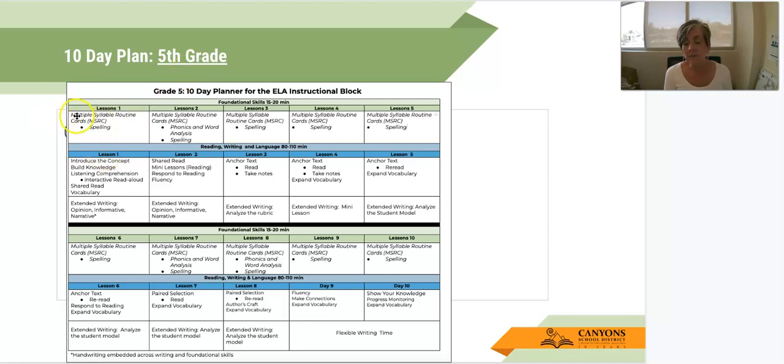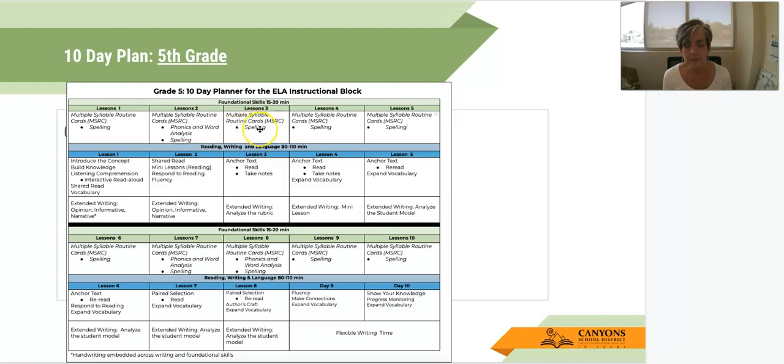So we would have the multi-syllable routine cards where we're teaching spelling on the first day. Then on lesson 2, we are teaching the MSRC, which is the multi-syllable routine cards. And then we're having the phonics and word analysis from Wonders.